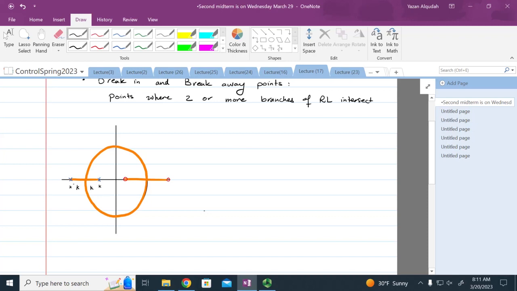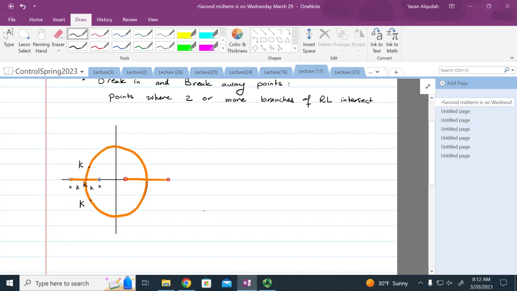One pole is going to move to the right, one pole is going to move to the left. Eventually, at a certain value of k, we're going to have both meeting at this point. Then we keep increasing k, and I'm representing increasing k by the font that is larger.